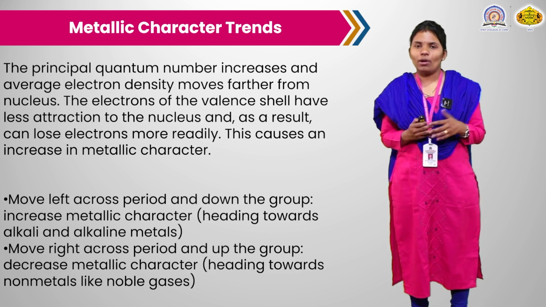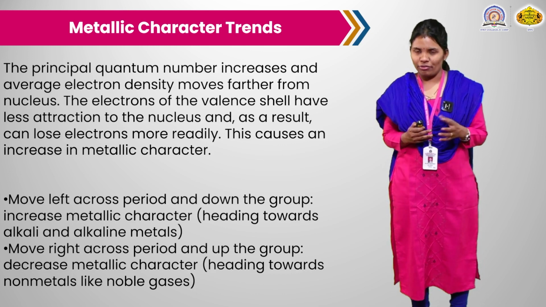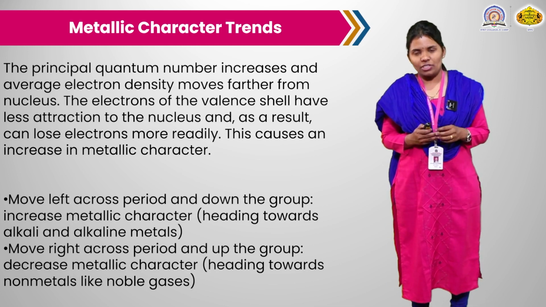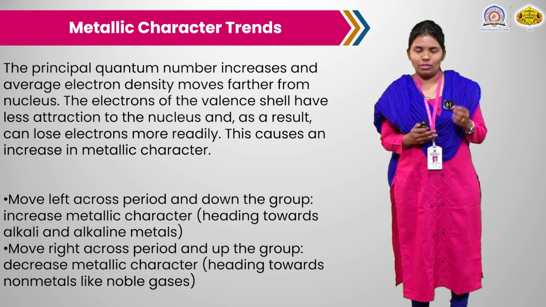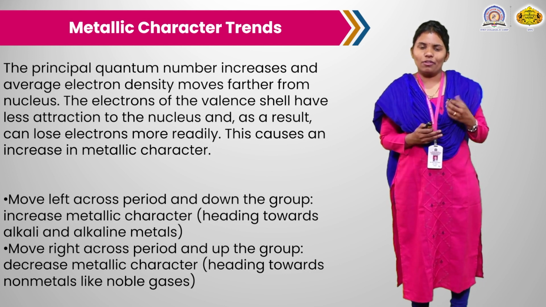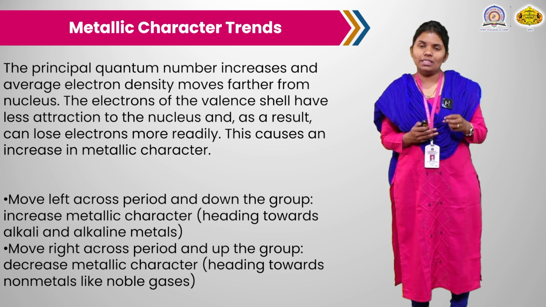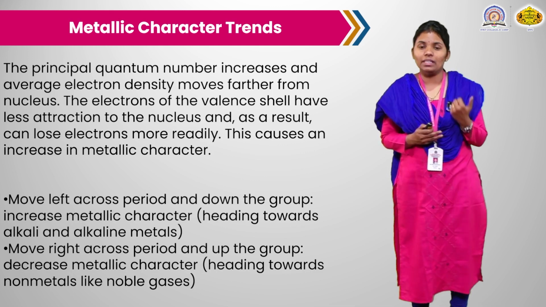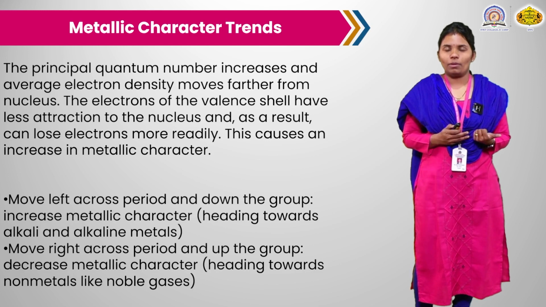Here you can take the example of sodium, which has atomic number 11. You can distribute the electrons as 2, 8, 1. So for sodium metal, it is easier to lose 1 electron instead of gaining 7 more electrons.